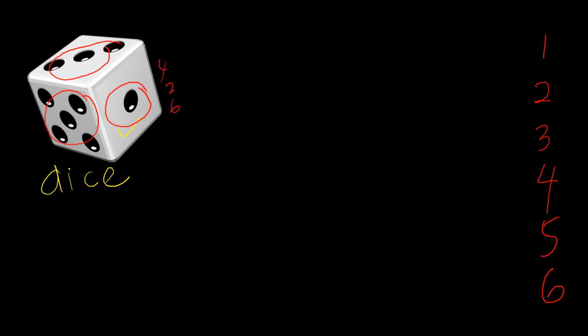If I were to ask you, given that I'm rolling a fair die, what is the probability of getting a 1? Well, what is the number of equally likely possibilities? The number of equally likely possibilities will be 6.